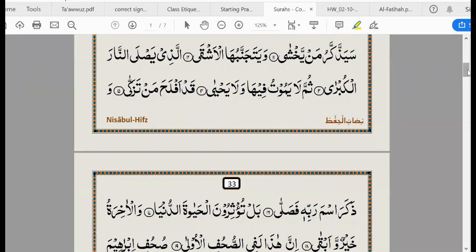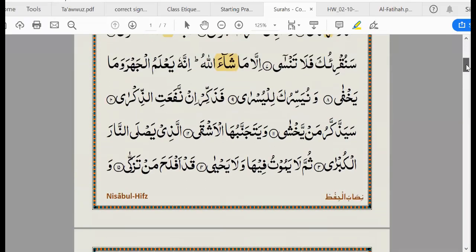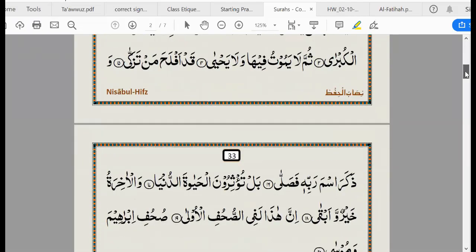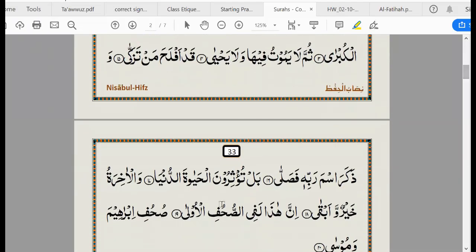I think it's verse 17. Okay. Somewhere, yeah, again, you prolonged too long. It said thumma, but you prolonged for too long. Okay?